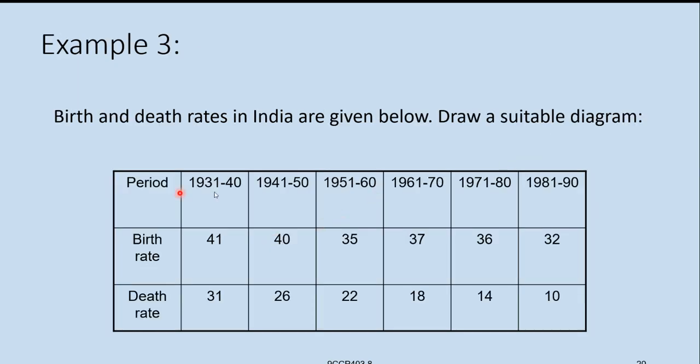Here we have one example, 1931 to 40, 41 to 50, 51 to 60 and so on. We have birth rate and death rate. Both these variables can be shown in the graph paper. So we will see how that graph paper is presented.